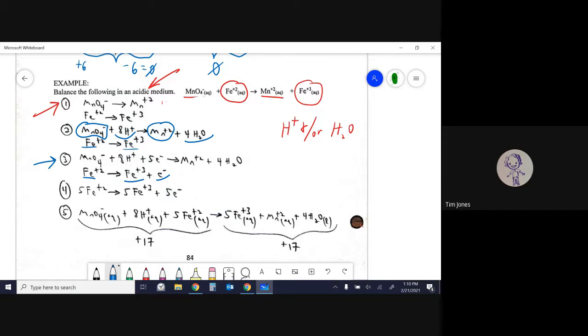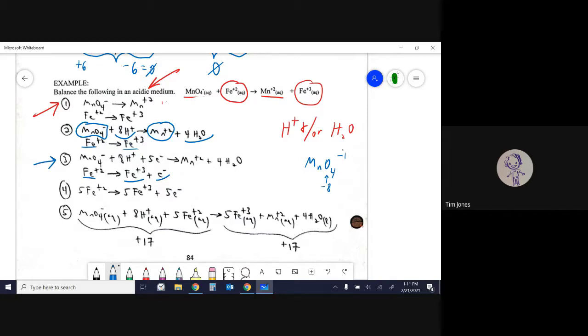To remind you, MnO4 minus 1 is the polyatomic ion permanganate. And in this case, MnO4 with a minus 1 charge, well, according to the oxidation numbers, the oxygens are a total of minus 8.